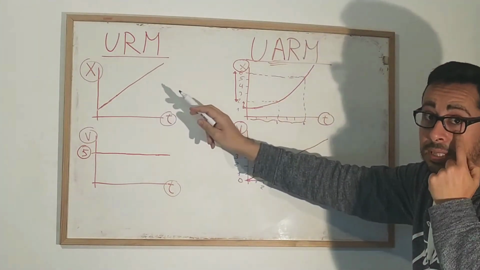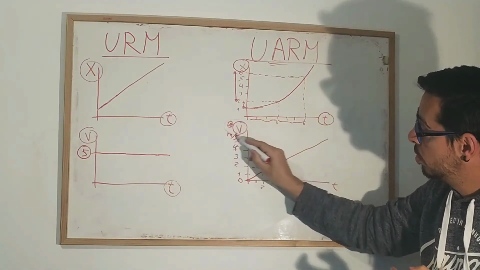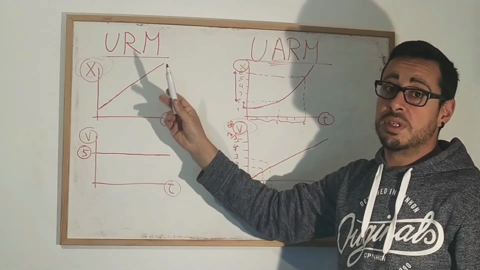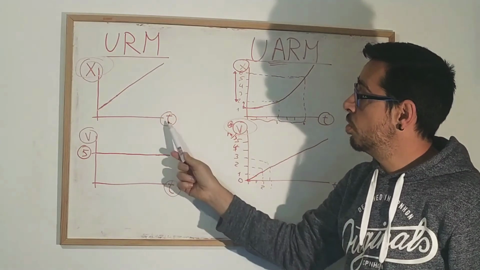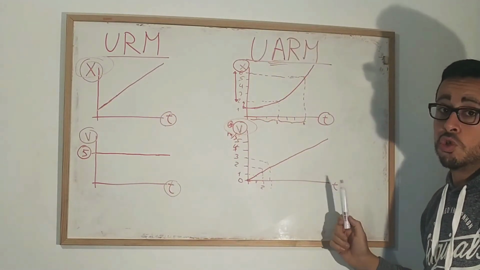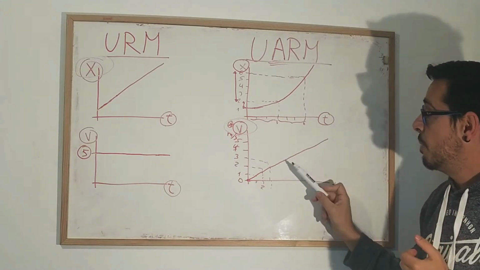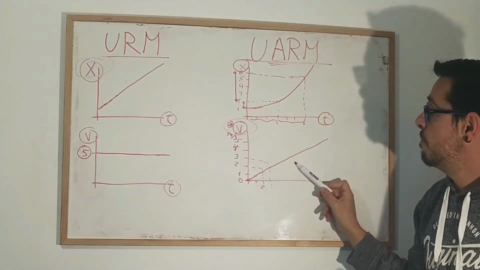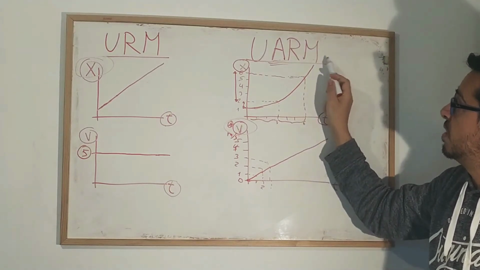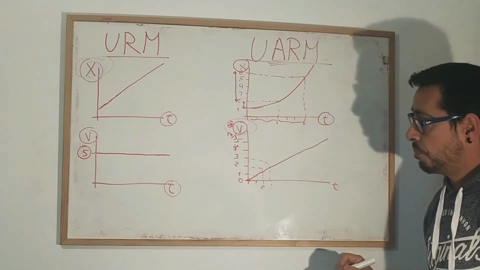So you have to take a look at this and this. You have to take care whether it's a position time graph or a speed time graph, because you can mistake the position time graph for the speed time graph. This one belongs to this type of motion.